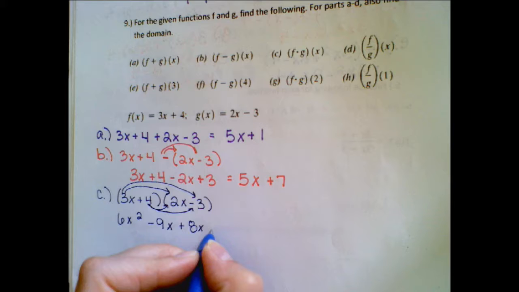Oh, that's because this is not 5x. You probably caught that earlier. Sorry about that. That should just be x plus 7. The 3x minus 2x. Therefore, it would be 4 plus 7 equals 11. Whoops. Sorry about that.